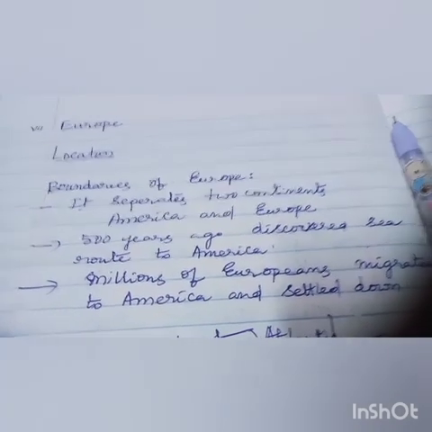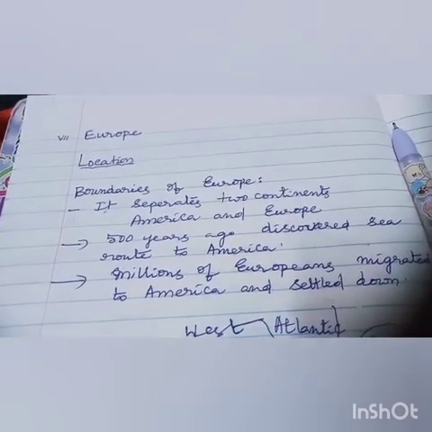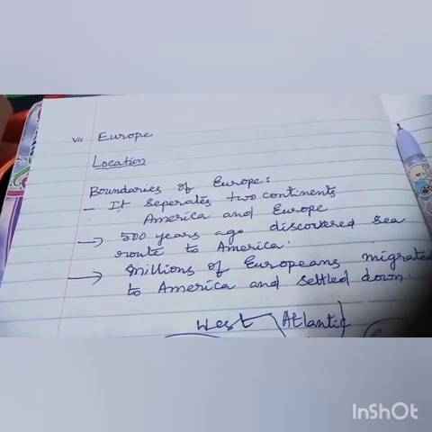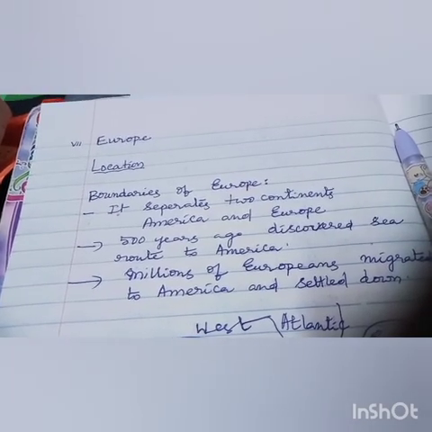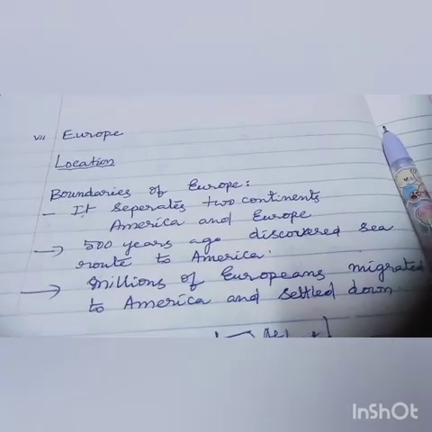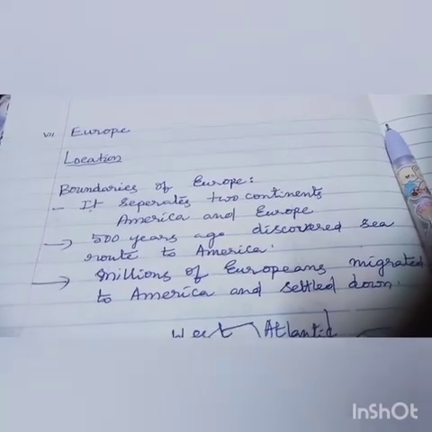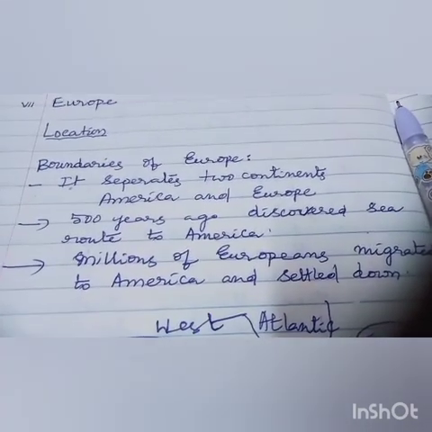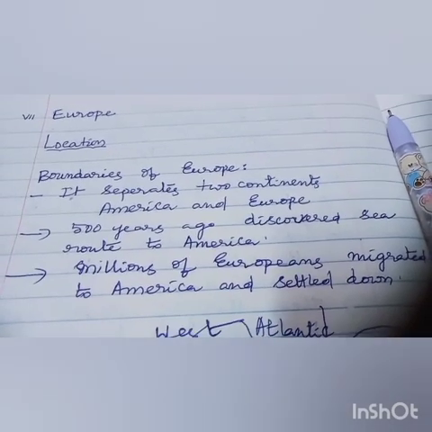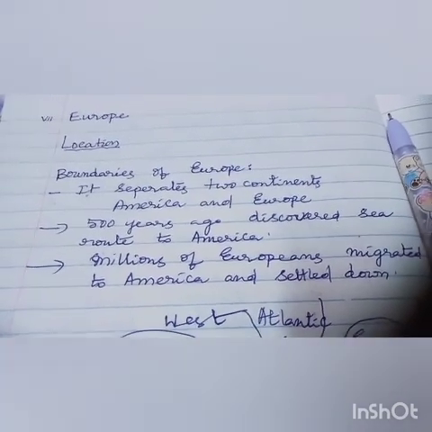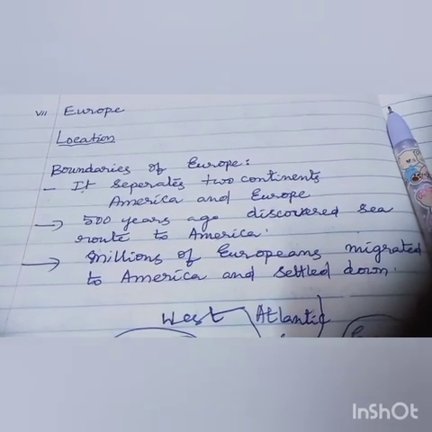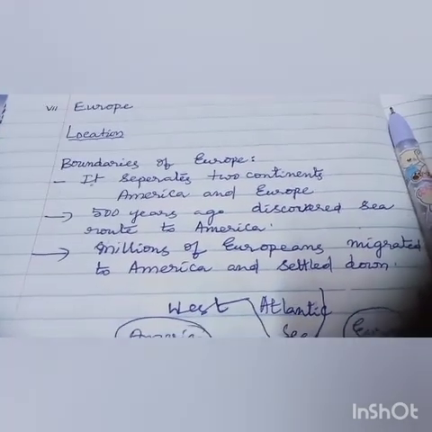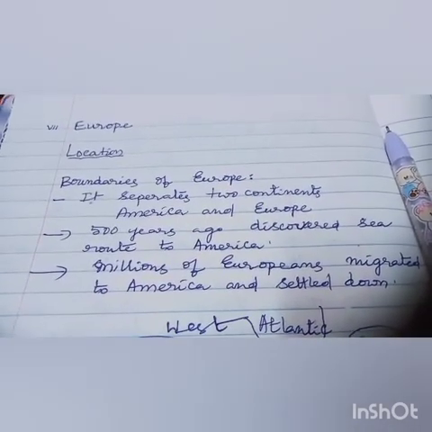Regarding this, one of the countries of the Europe continent, Britain or England, has been called 'the empire where the sun never sets.' Wherever the sun rises, there they establish their power or authority. And not only Britain, but the Dutch, Portuguese, and French, and even Spain in some areas of the world.